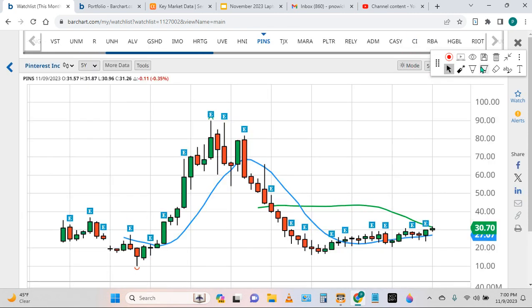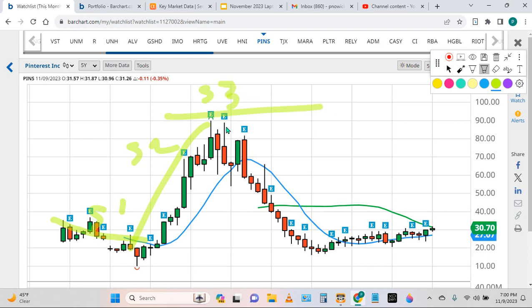I think it's pretty clear to see this chart highlights most of what I've been talking about, like stage one, right? Stage two. Then we had a stage three peak.